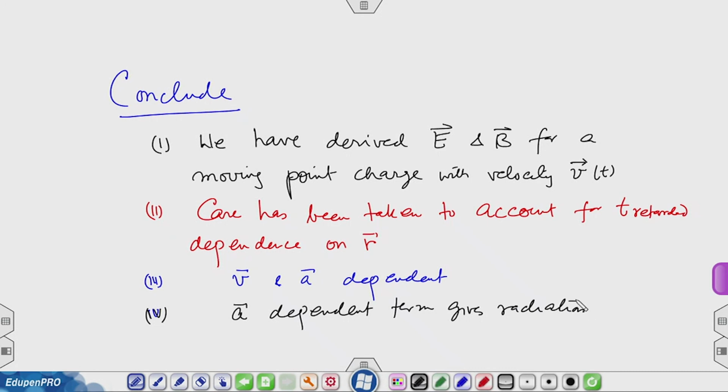With all this derived, you can now find the properties of the Poynting vector, the power coming out, and so on, which will form part of your assignment. Thank you.